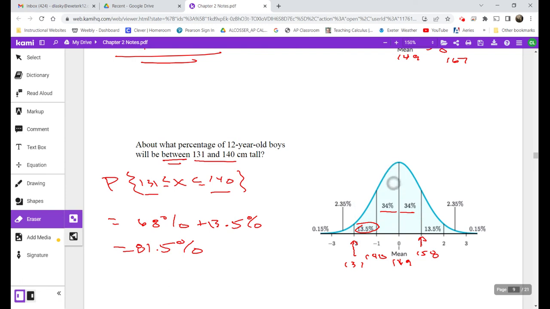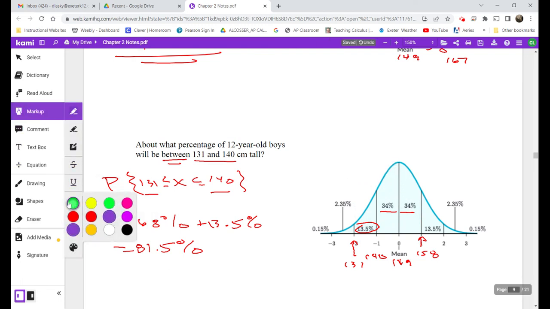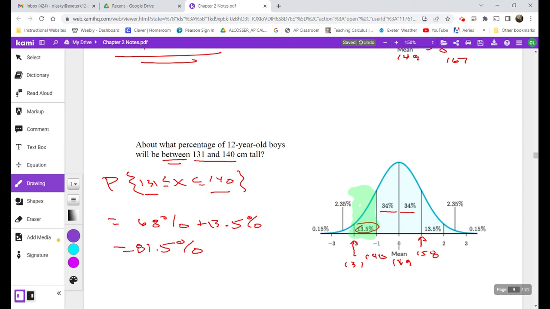So let's erase that. Let's change colors. I apologize. And I really only want this one right here. I want in between those two because, like my problem says, is between 131 and 140, which is right here. I apologize. I didn't even want this stuff over here.